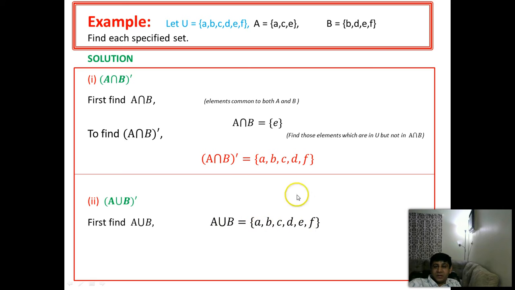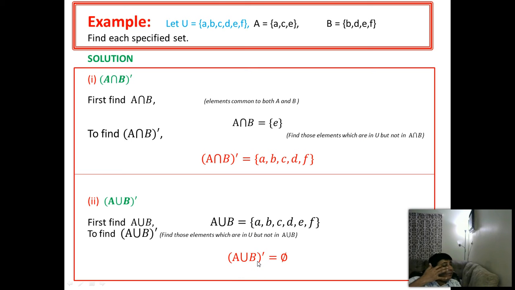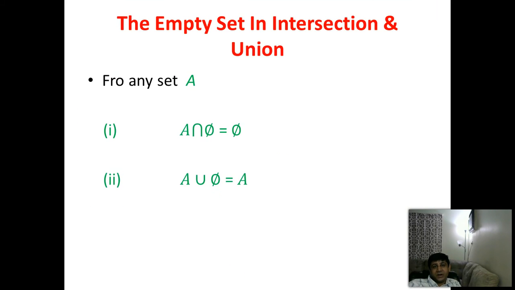Exclude all these elements from the universal set. But the problem is, it is the same. So if we exclude all these from U, we will be left with the empty set. So A union B complement will be an empty set here. This is our answer.